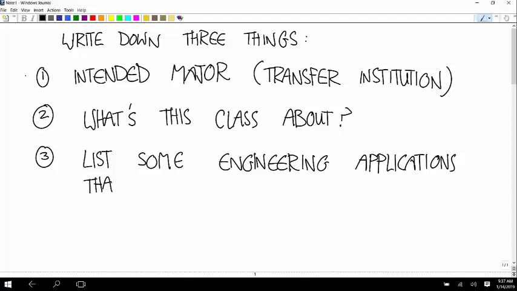Just think a little bit about what this would be useful for as an engineer. So just take a few minutes and write that stuff down, and you can hand it to me when you leave.